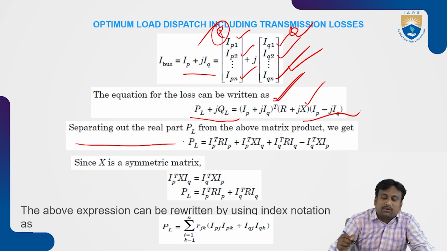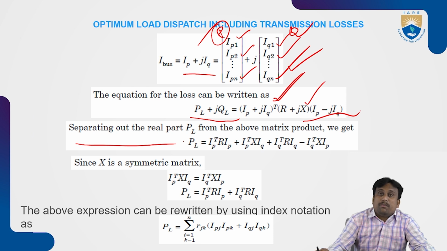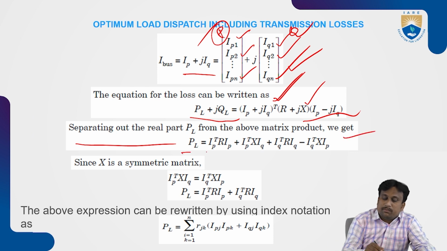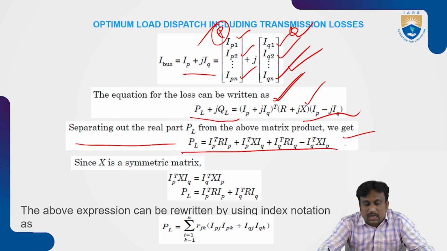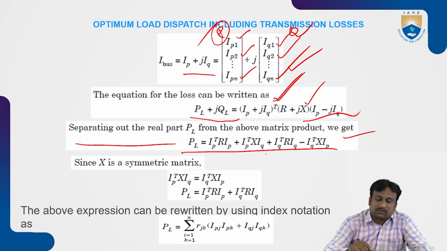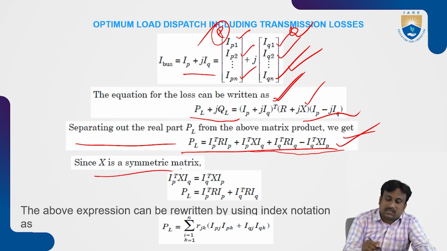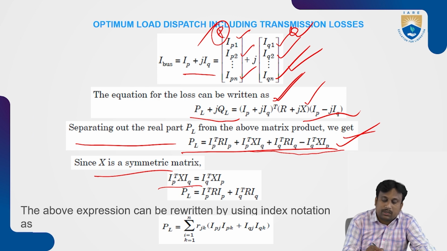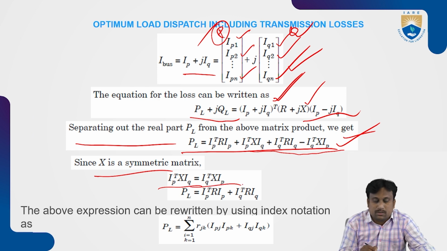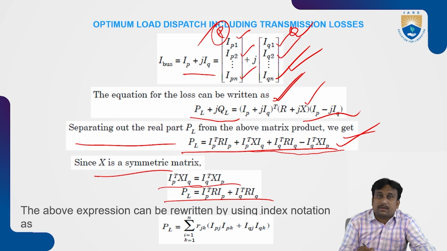Separating out the real part PL from the above matrix product, we get PL equals IP transpose R IP plus IP transpose X IQ plus IQ transpose R IQ minus IQ transpose X IP. Since X is a symmetric matrix, IP transpose X IQ equals IQ transpose X IP. So PL equals IP transpose R IP plus IQ transpose R IQ.